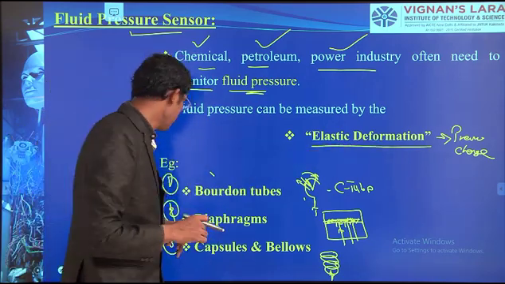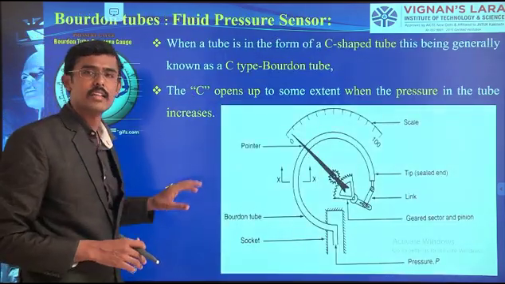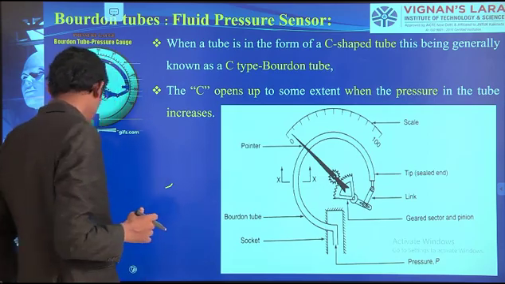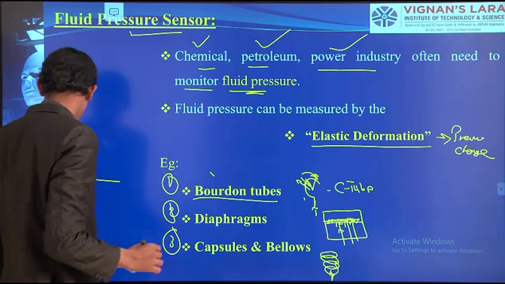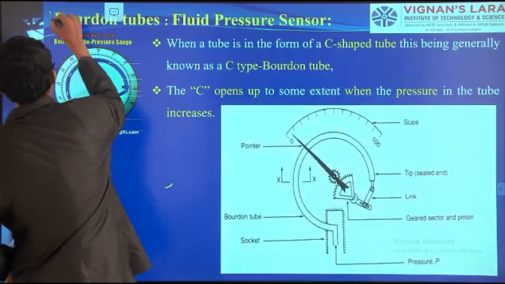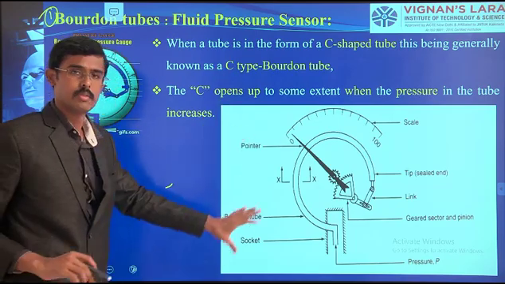Okay. So therefore, how can we do this in the first option? I have taken the first option, this Bourdon tube, and we have to see it. Number 1, the first one, the fluid pressure sensor, the sketch.